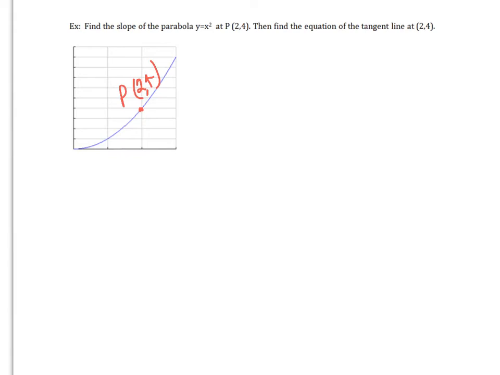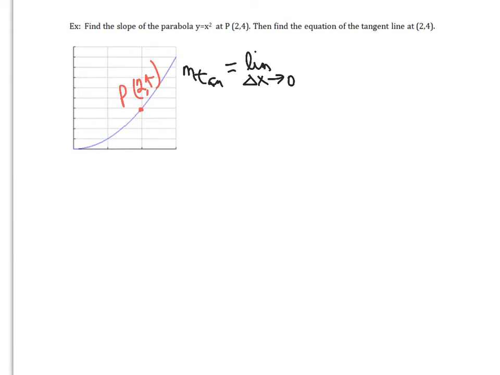So let's go ahead and use our limit definition. We're going to say our slope of our tangent line is going to be equal to the limit. And it's really important that you keep that limit in here. Without a limit, we're not doing calculus. So the limit as delta x approaches 0.